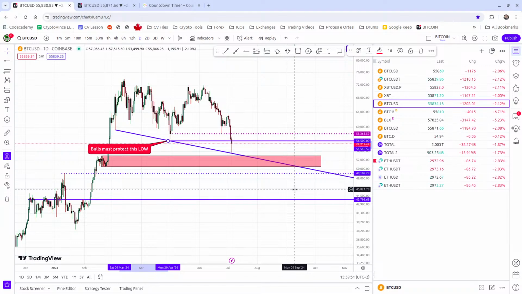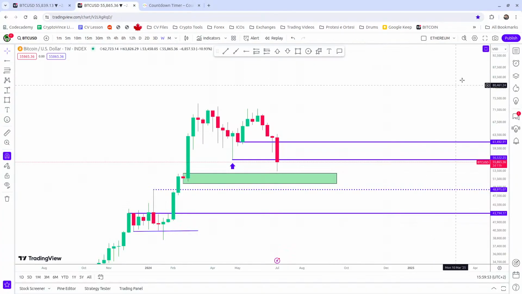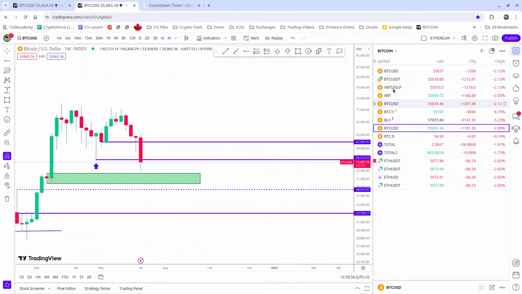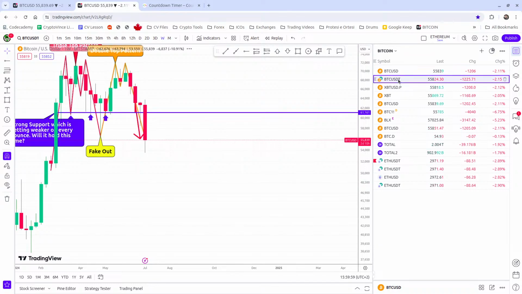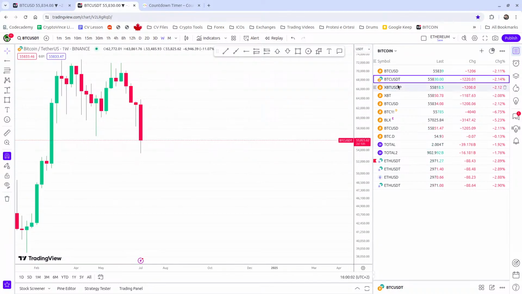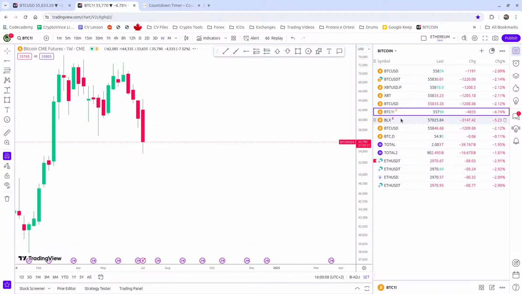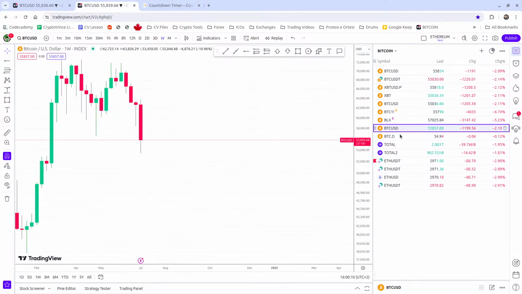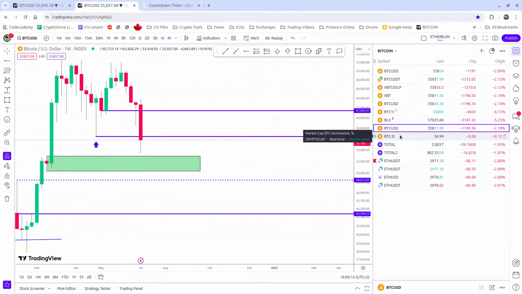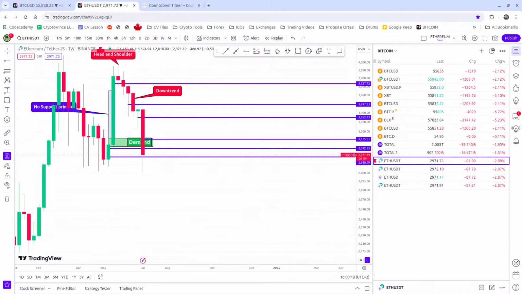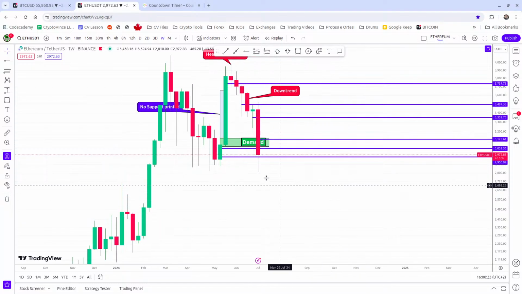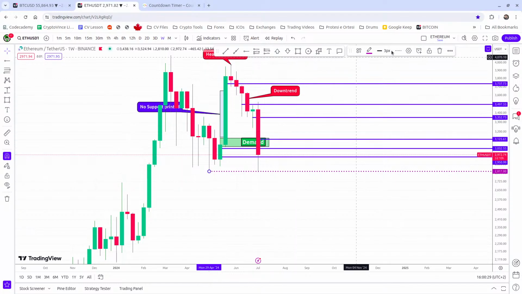Let's go check Ethereum too a little bit, just to see where it's at. Just looking at some charts to see if I missed anything. Ethereum. Price reached the level of the swing low.